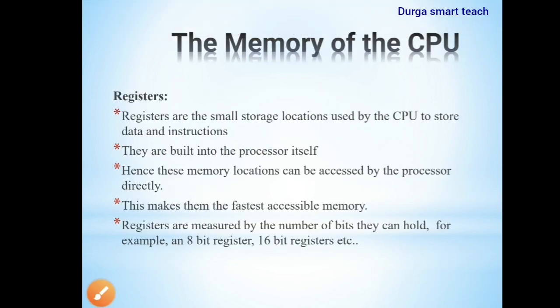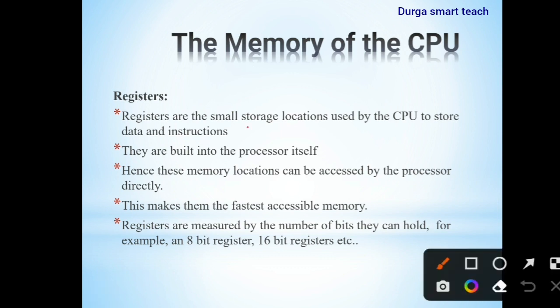The memory of the CPU is divided into registers, cache memory and main memory, that is primary memory. First of all, registers are small storage locations. A register stores only a small amount of data, that is zeros or ones. Register memory is very small, so it holds only bits.